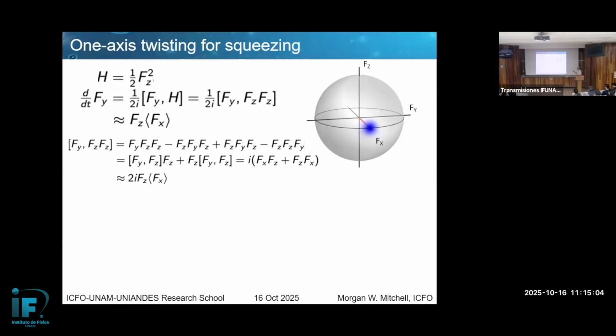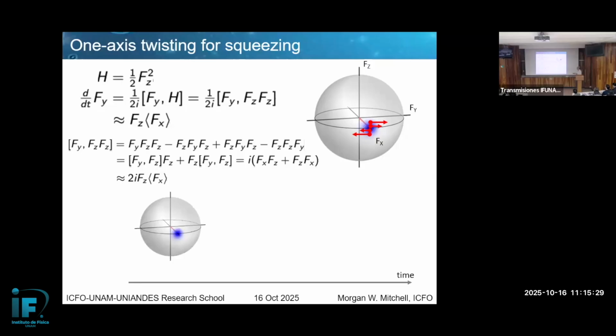And so that means that different parts of this probability distribution are going to move in different ways. In particular, the part of this distribution which has positive Fz is going to move in the positive direction. The part that has negative Fz is going to move in the negative Fy direction. And points in between will move less, will move slower.